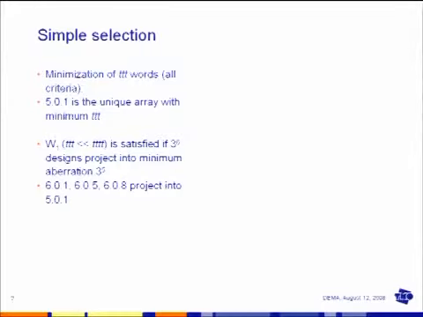All three optimality criteria for blocking, as you may remember, insist that first of all the number of pure three-letter words should be minimized. And this is achieved if we want to arrive at a 5-factor design, and we use a 6-factor design: we choose one of the factors as a blocking factor, and we arrive at a 5-factor treatment design.